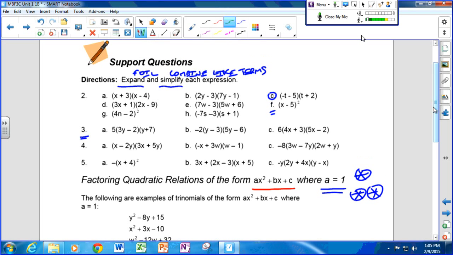Now, when we use FOIL to multiply two binomials together, we end up with a quadratic relation, which is just the equation of a parabola of this form: ax² + bx + c. So it's different than the vertex form that we saw. If you take a grade 12 version of this course, you'll probably see some work where we convert from one format to the other. In this class, we're not.